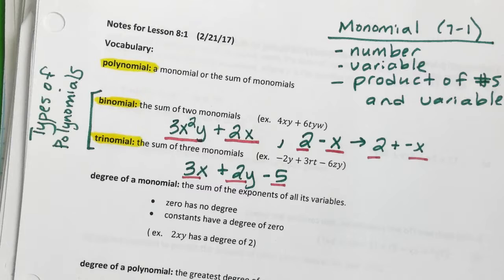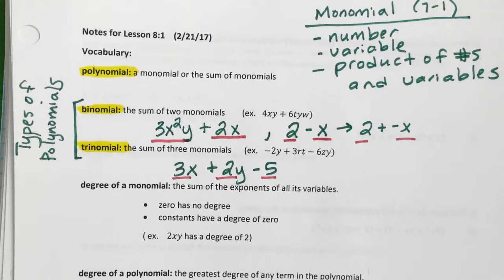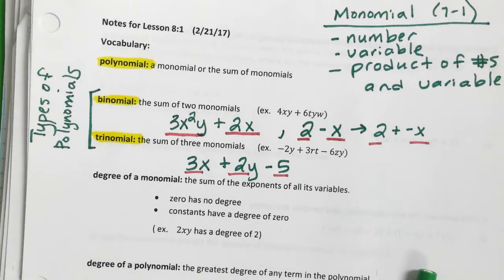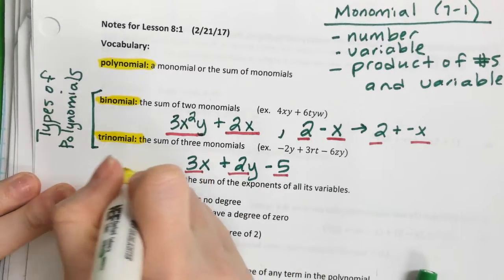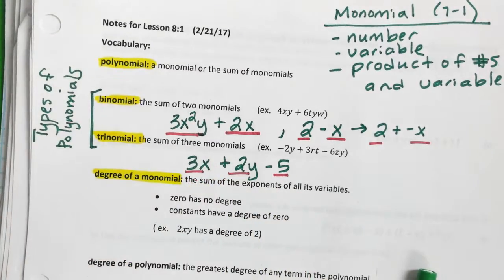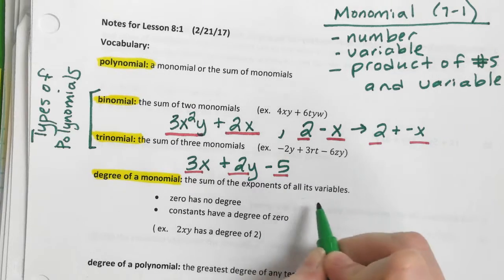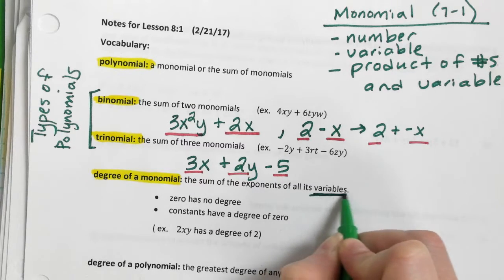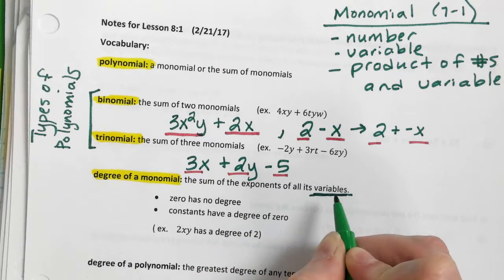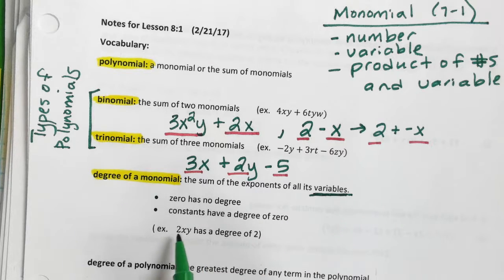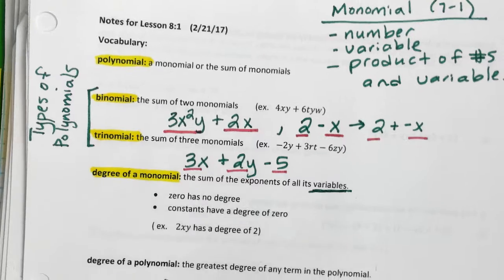Okay, any questions so far? So we have degree of a monomial. The degree of a monomial is the sum of the exponents of all its variables. Notice it says variables, the exponents that go with the variables. If you look right here, we have 2xy. The degree of this is 2.